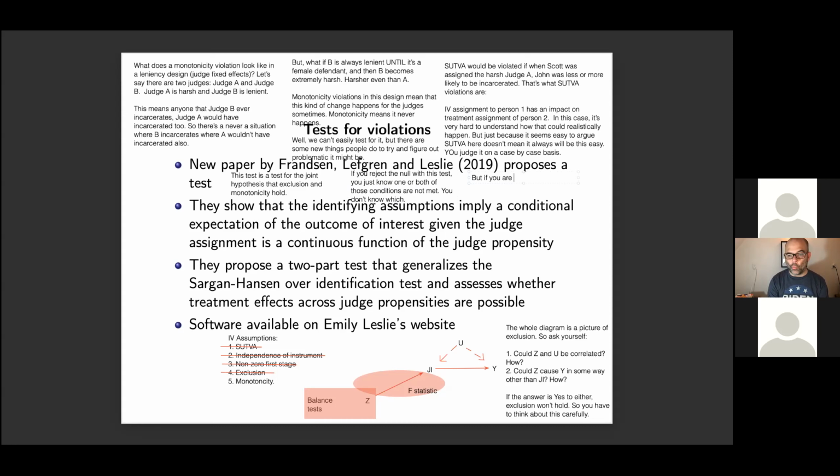But if you are 100% positive exclusion holds, which you may be, then it has to be monotonicity. So it's a two-part test that generalizes something called the Sargan-Hansen over-identification test to assess whether treatment effects across judge propensities are possible.